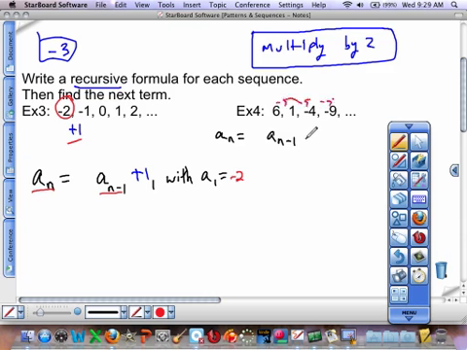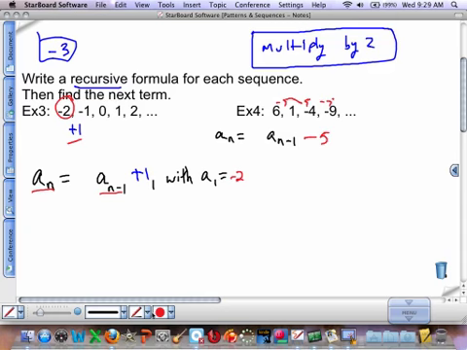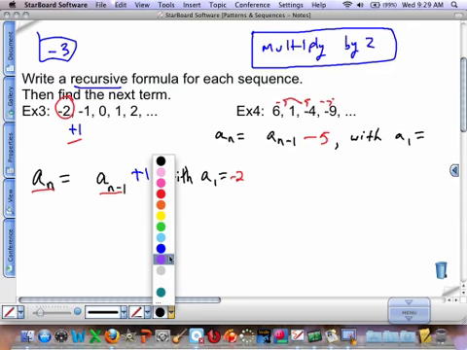So a sub n minus 1 minus 5. Okay, go back to my template, comma, with a sub 1 equal to 6. There you go. So that's the answer. That whole line is your answer.